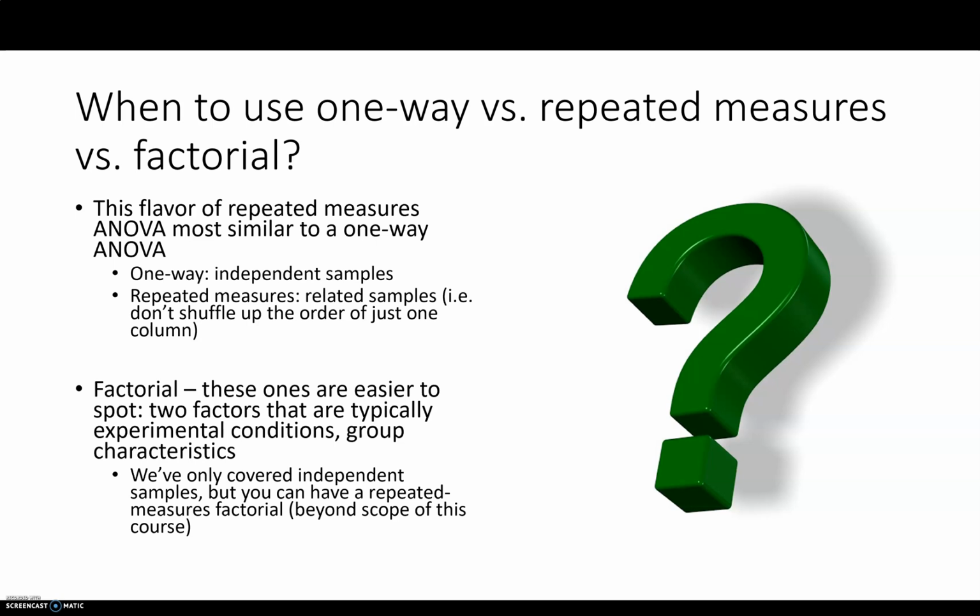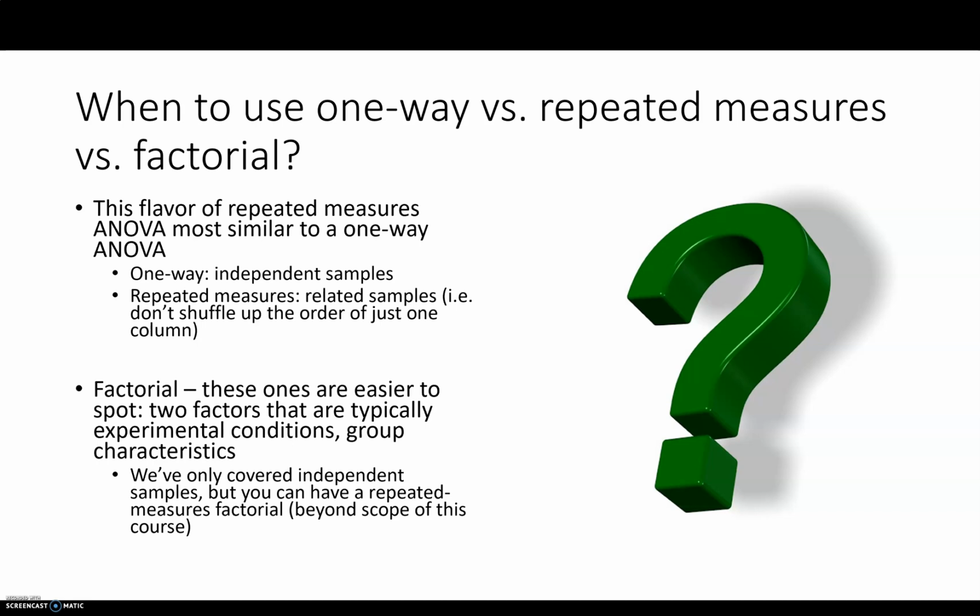We won't get into that one, but that's a commonly encountered factorial design where you have some factors that are between subjects and some are within. But for this course, we'll only cover where you've got two factors and they're independent groups.